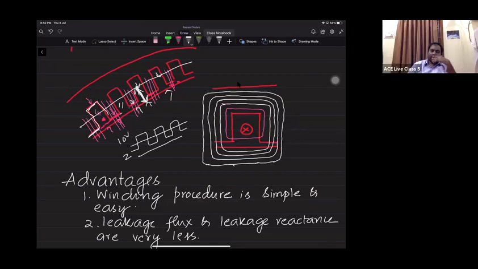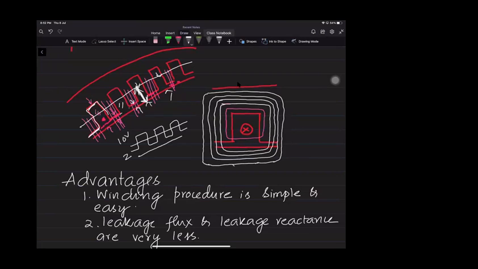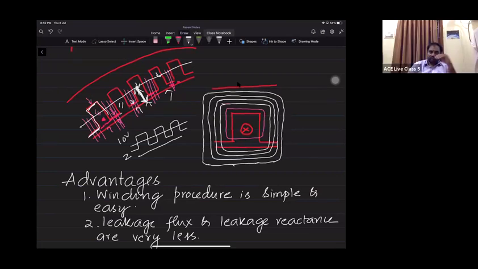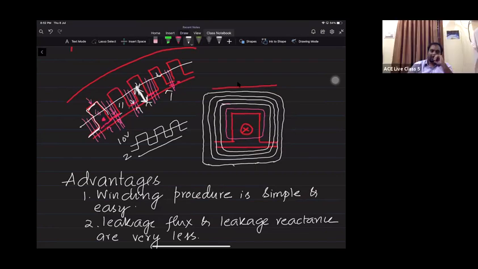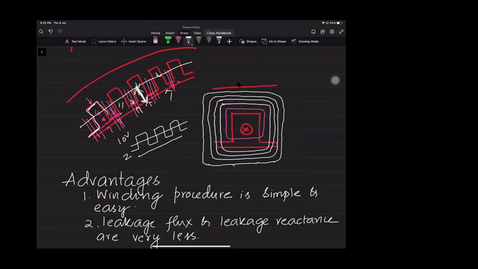Not current flow in the frame, but inside the core there will be some EMF induced. Why? Because the flux linkages are changing, correct? So due to that EMF, what circulates? Current. If that current flows inside the core, that core will get heated up, right? That loss we call eddy current loss, correct?